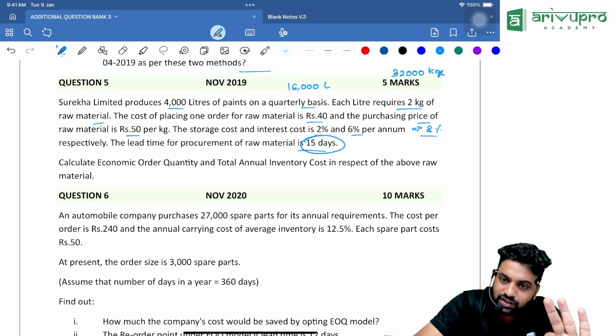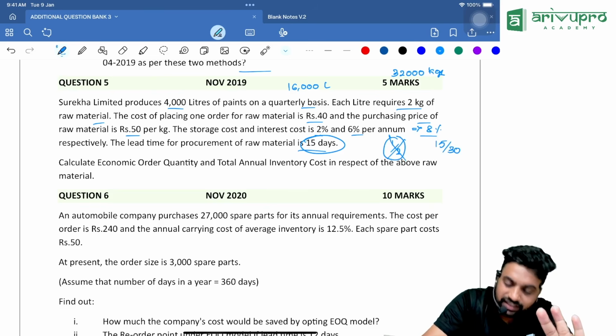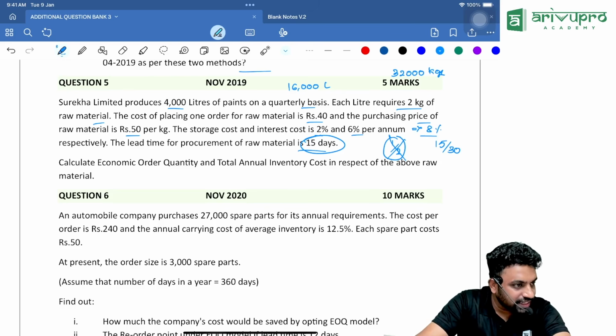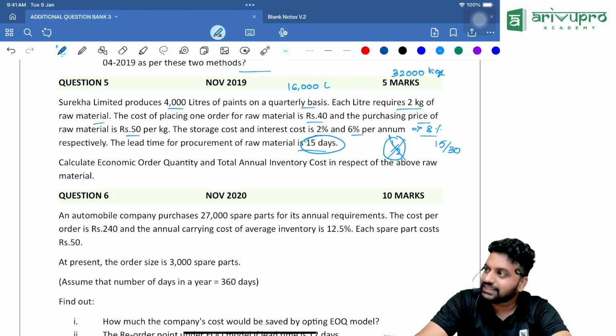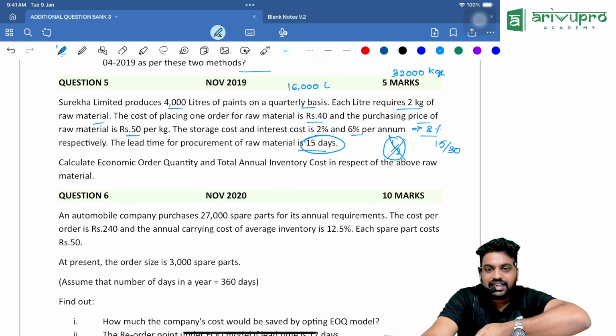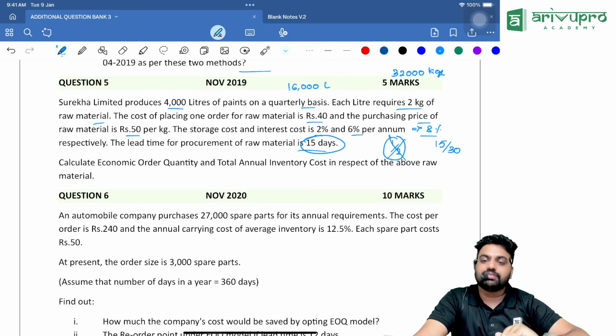Basically, whenever they give it like this, instead of 1 by 2 directly, we will take it as 15 by 30. That's the only thing. They are just trying to tell you guys that it is 15 days. You won't place orders immediately, which means after 15 days if you are placing an order, it will take another 15 days to come. So on average, you are using that material for a month.